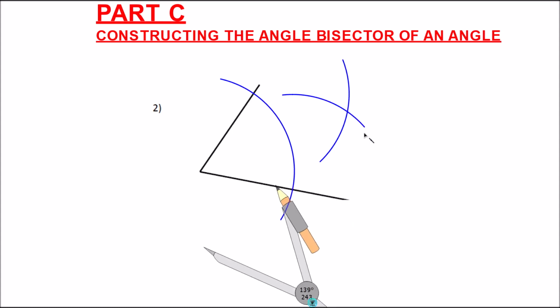So the curves cross. Then a straight line through where the angle begins, through the crossing part, and that's the angle bisector for 2.